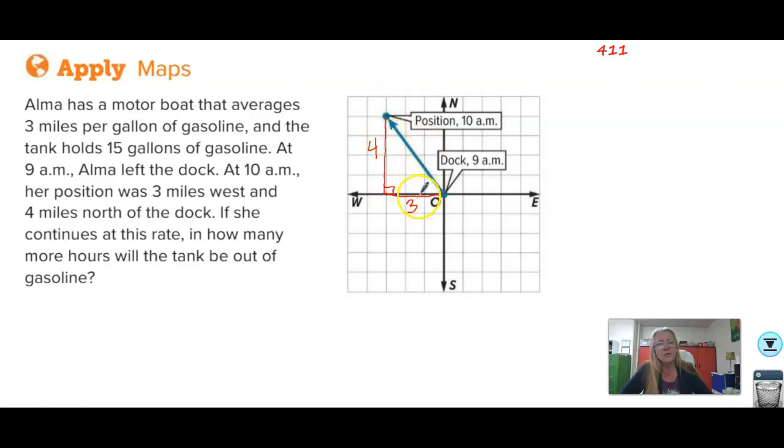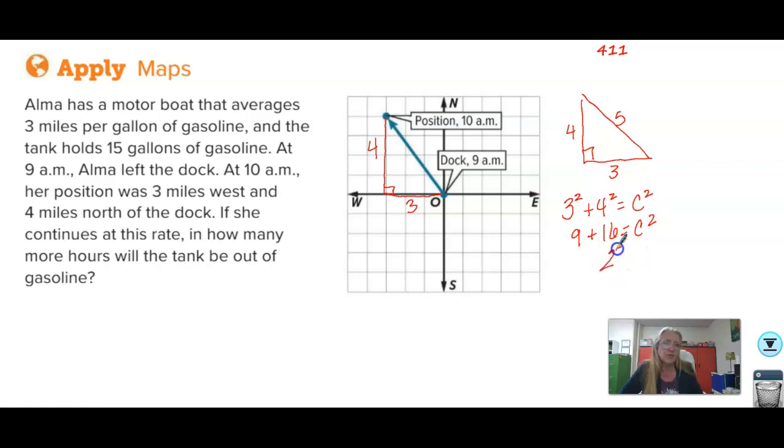And using these 2 numbers, we can find the length of this one. This is a very common Pythagorean theorem triangle. It's called the 3, 4, 5 triangle. So I automatically know that this is going to be 5, but I can prove it to you. We would have 3 squared plus 4 squared equals c squared. 3 squared is 9, 4 squared is 16.